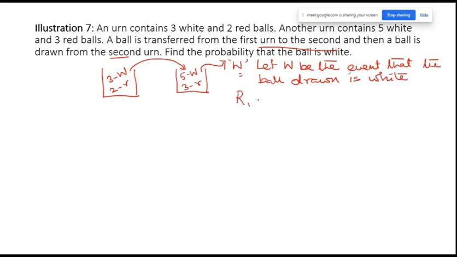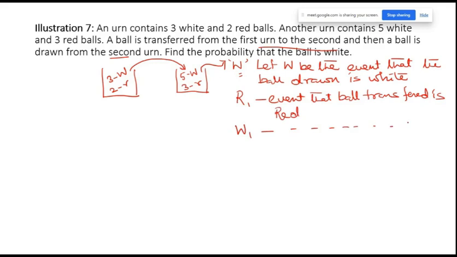R1 is the event that the ball transferred is red. W1 is the event that the ball transferred is white. Okay, understand? Ball transferred, ball drawn. Now you are to find out W. That means the ball drawn is white.